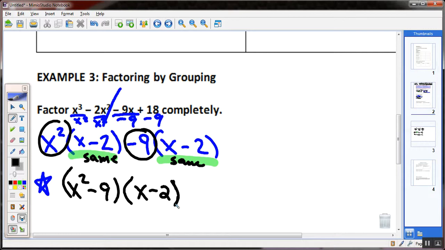Say again. None of them do. Yeah, there's a set. Got to multiply to a negative number, so one has to be positive and one has to be negative, right? Negative 3 and positive 3 work. Okay, this here we need to recognize is a difference of squares. So this bottom x squared minus 9 is going to become x minus 3 times x plus 3 times x minus 2 there on our part.